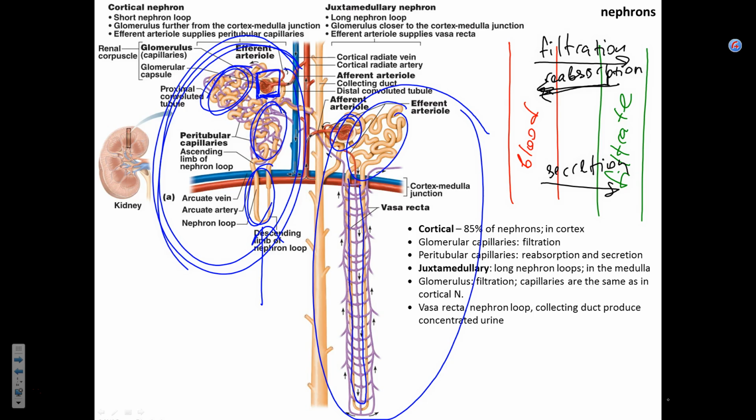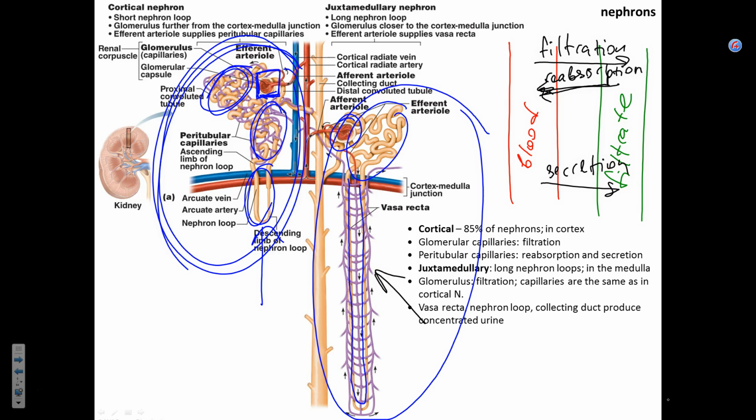Juxtamedullary nephrons. You see how big they are? They're also surrounded by a network of capillaries. This network of capillaries is called vasa recta. Vasa meaning blood vessels, recta meaning straight. Now the function of juxtamedullary nephrons is to exclusively regulate the concentration of the filtrate.